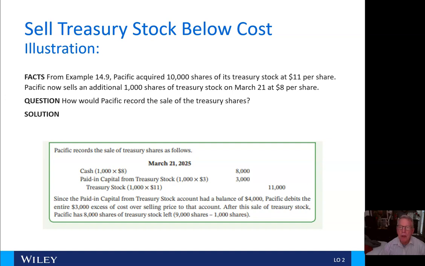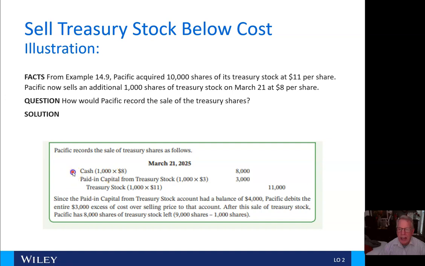Now, what happens if we sell an additional 1,000 shares, but this time at $8 per share, after we've made our $15 resale in the prior slide?